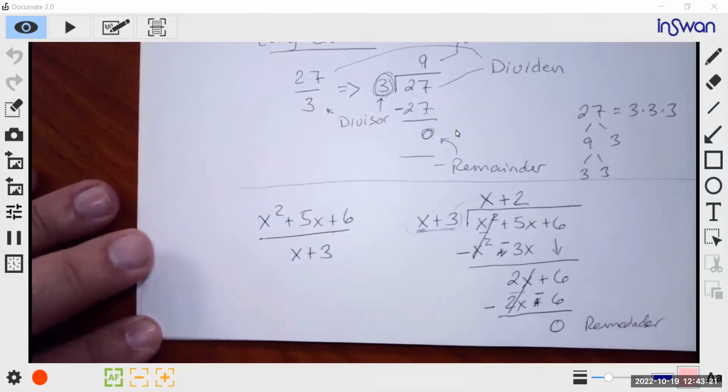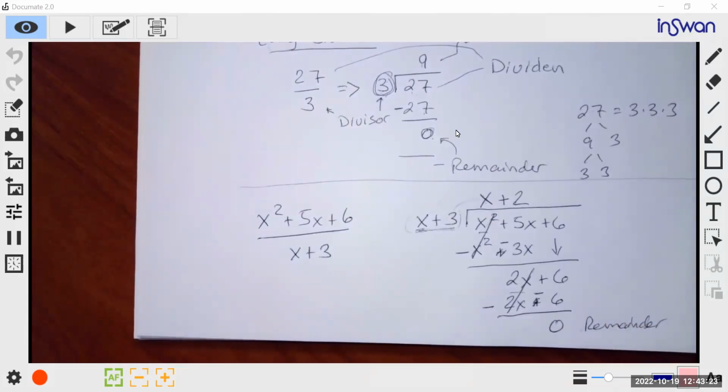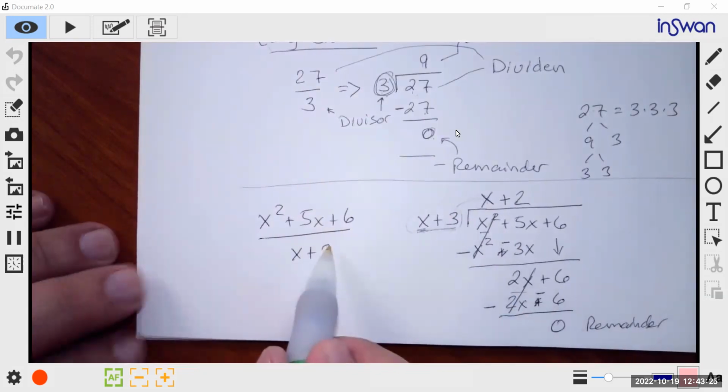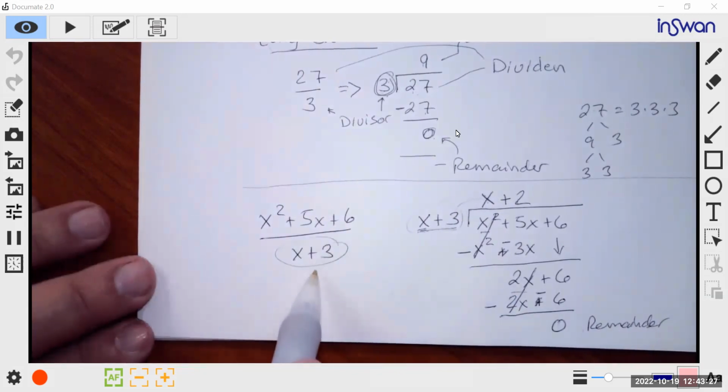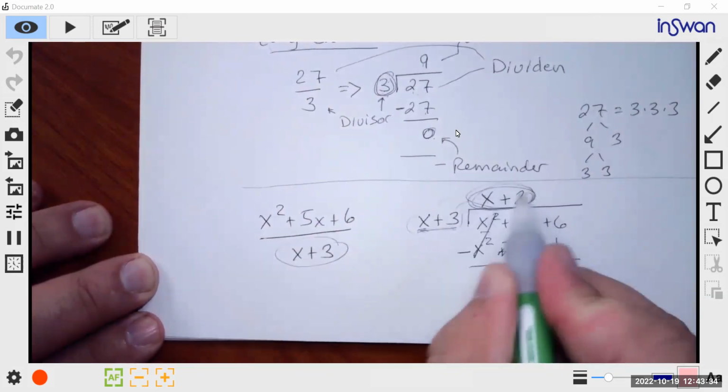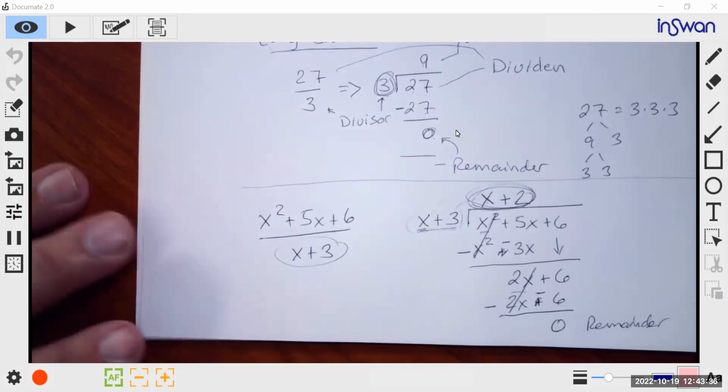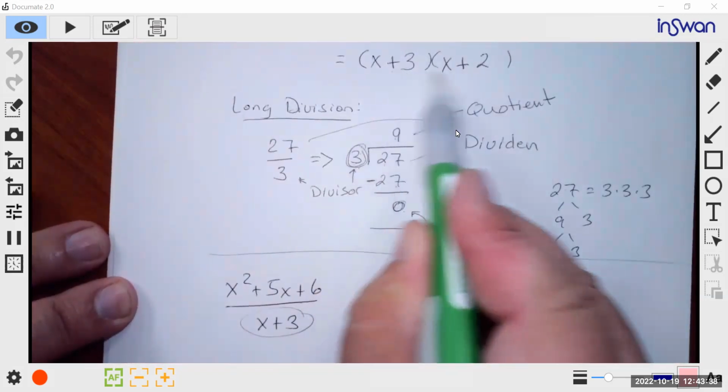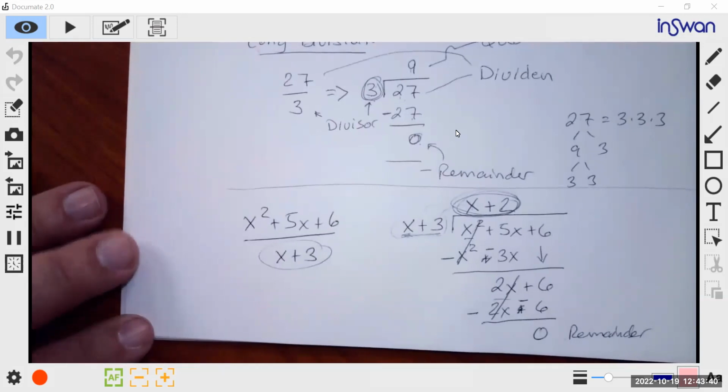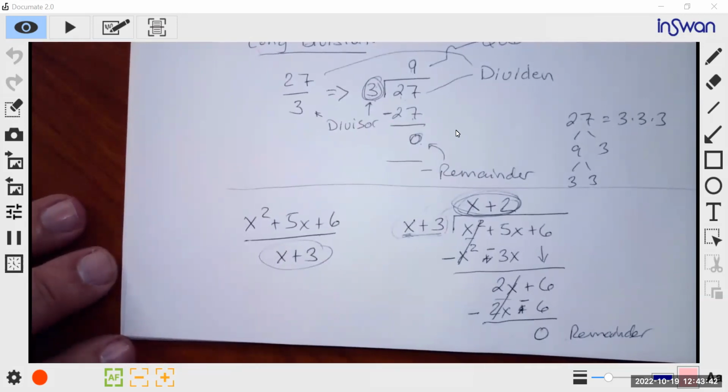Since it's 0, what does it tell me? That tells me that x plus 3 is a factor of x squared plus 5x plus 6. And the other factor is x plus 2. Sure enough, that's what we got here. It's just that straightforward.